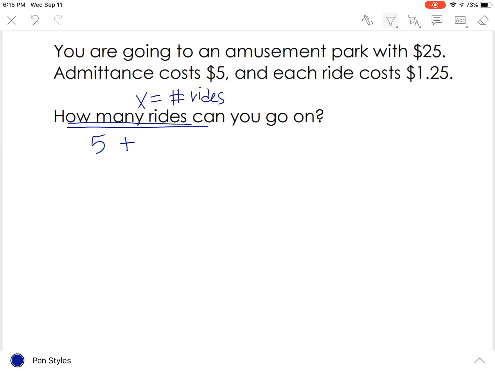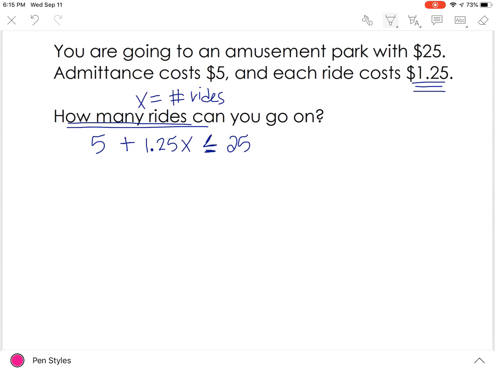Our rides cost $1.25, so we can find our cost of rides by taking $1.25 and multiplying it by the number of rides we go on. Now all of this has to be less than our total amount of money. So if we have $25, what we spend has to be less than $25, or we could spend exactly $25. So we have 5 plus 1.25x is less than or equal to 25.